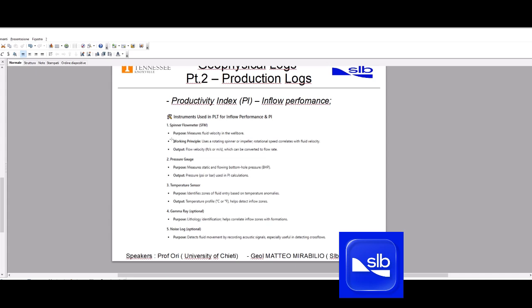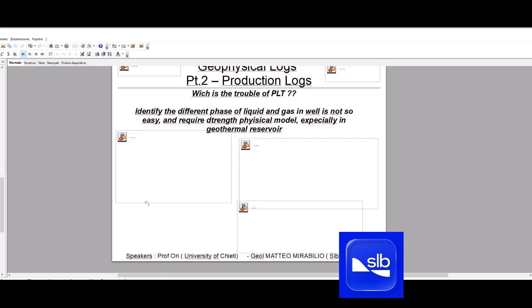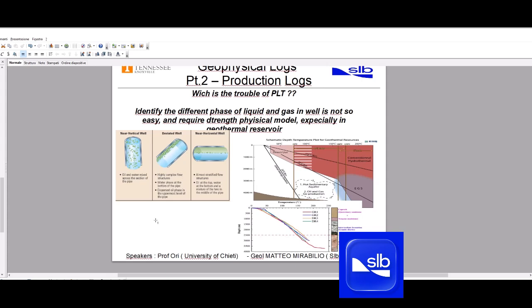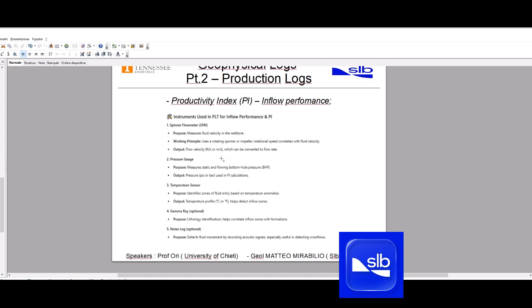The working principle of the spinner flow meter is to use a rotating spinner or impeller whose rotational speed correlates with flow velocity. The output is flow velocity. When we analyze flow velocity, it is really interesting to analyze the velocity of the flow that comes through wells, to estimate the impact on the parts of the well and on all the mechanical parts, for example the corrosion or not.